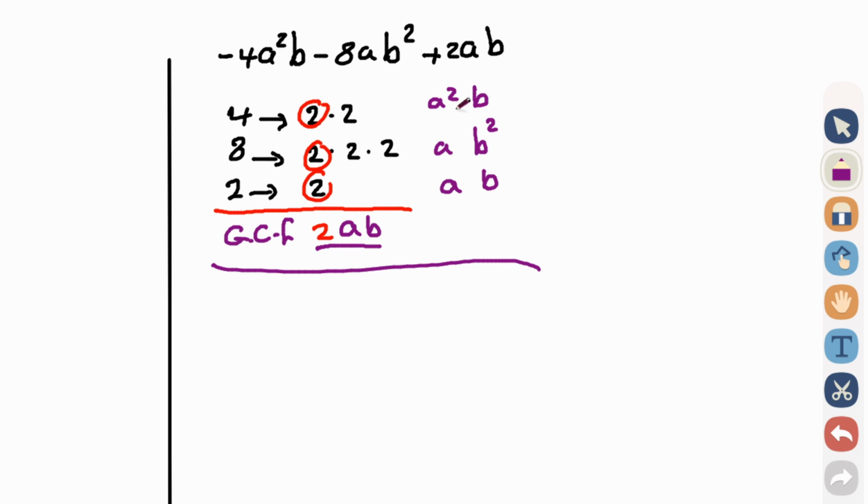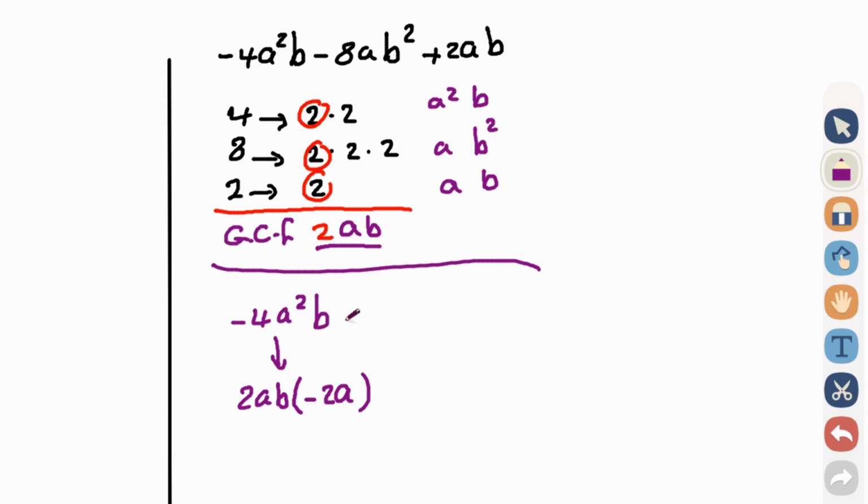Now, let's do as we did in the first example. Let's write the three terms of this polynomial as the product of 2ab and the remaining factor. The first term, negative 4a to the power of 2b, can be written as 2ab multiplied by negative 2a.